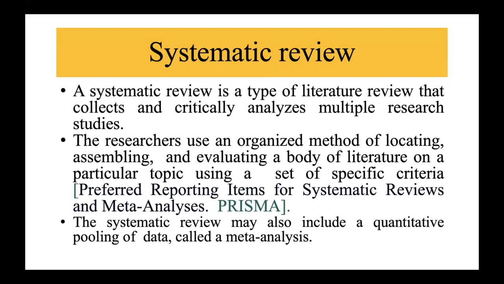A systematic review is a type of literature review. There are so many reviews. Systematic review and literature review are two different things. Literature review is only to give the idea about your study, while the systematic review gives you the quantification, the quantitative analysis of the different studies.